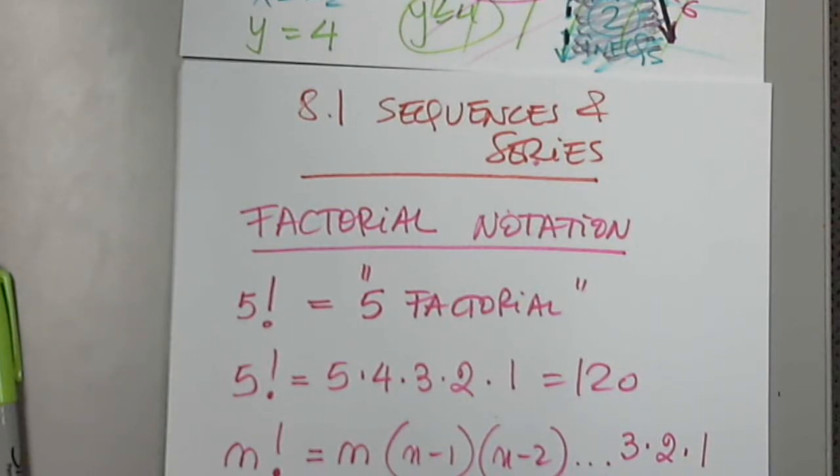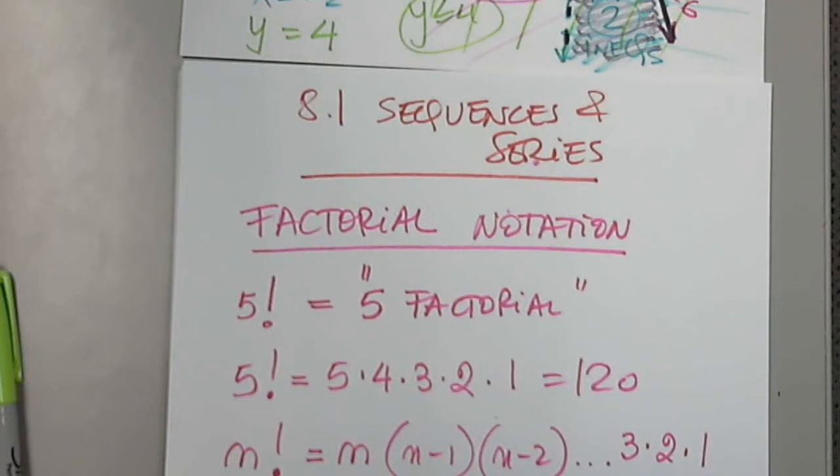So I'm looking at a couple of problems to practice. Let me show you how to do this with a graphing calculator first. So let's say we want to check 5 factorial. We'll go to math, go all the way to probability, PRB, and you will see it's number 4.